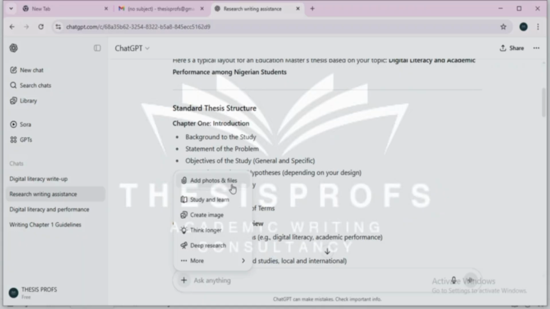You can actually upload files, and then you can condition, you can prime ChatGPT to follow the files or documents, the journals, the articles you've provided. You can prompt it to follow the documents you've provided, to use in-text citations, citing and referencing using the latest APA edition 7 to write.